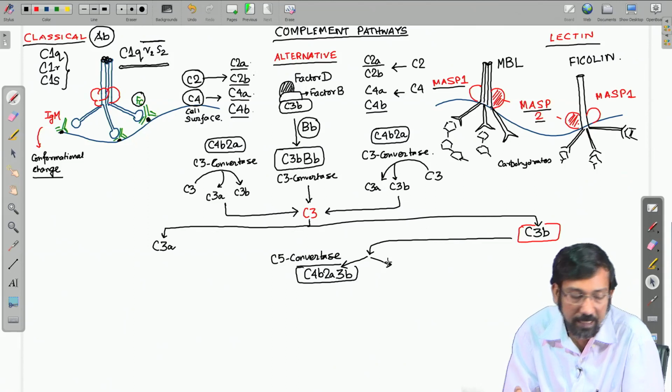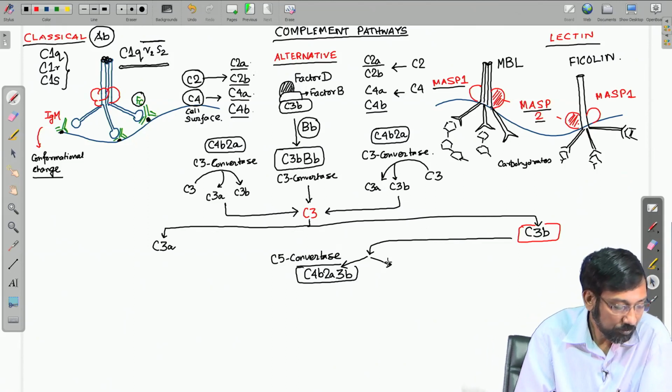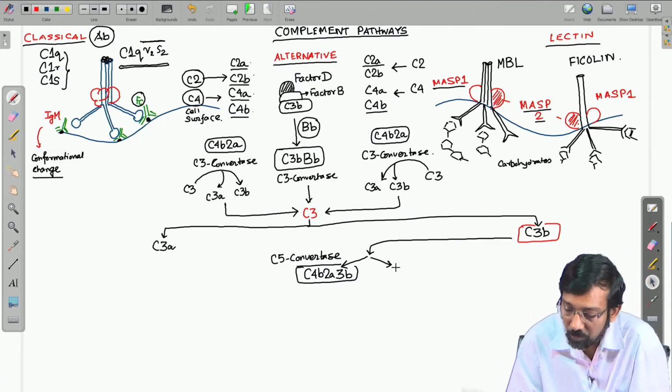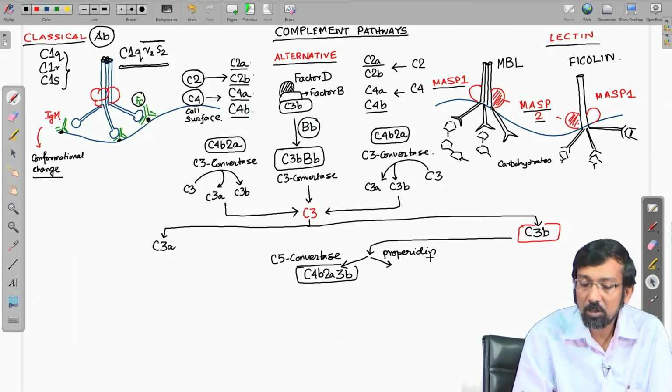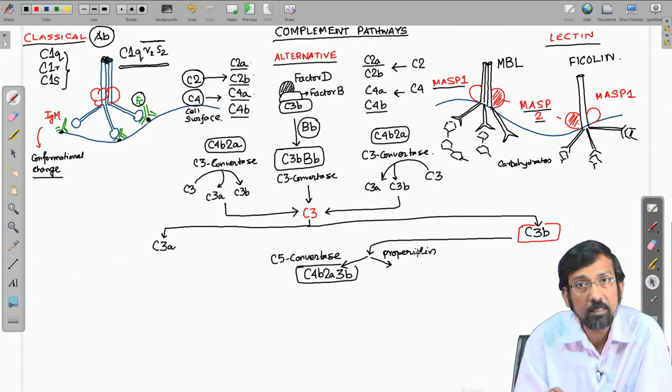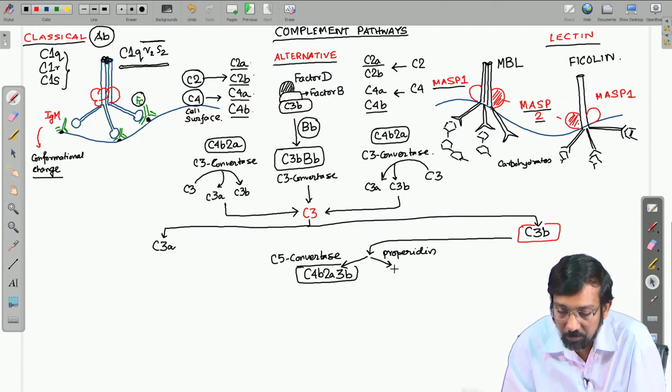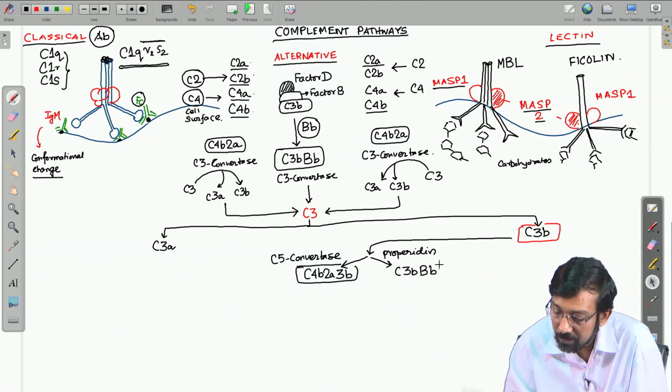A second way is they form another C5 convertase by the action of a protein properdin. So, this properdin can also associate with the C3b and it can form the C3bBb3b.